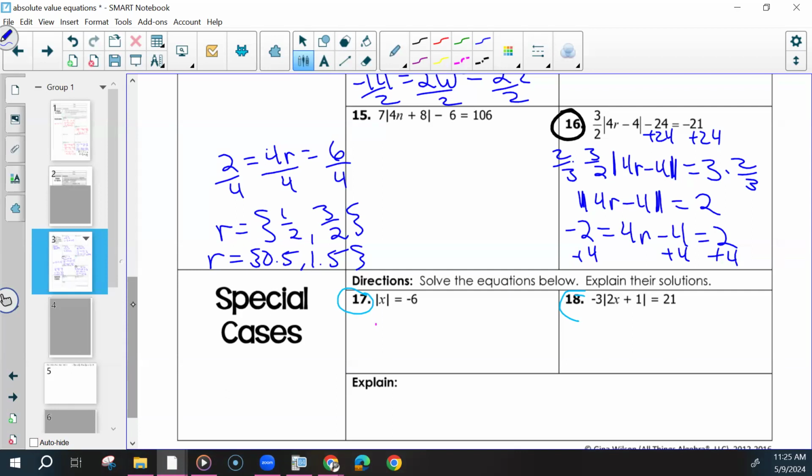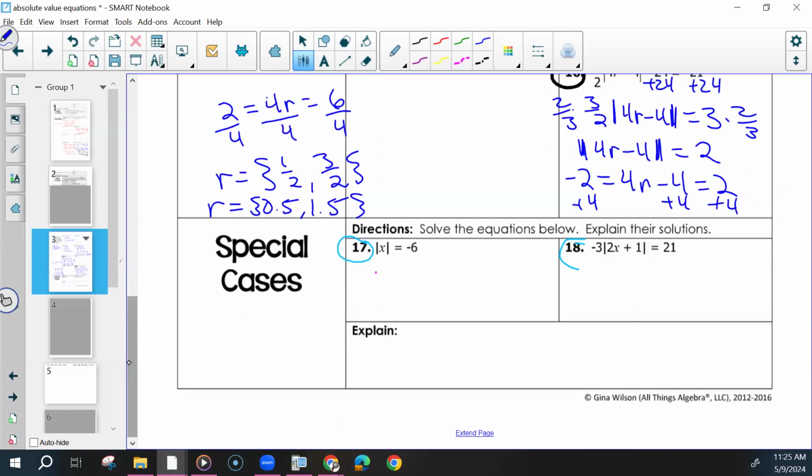Okay. For 17 and 18, if you isolate the absolute value and you end up with a negative number, it cannot be solved. This would be no solution. So if you go back and look at all the problems we just did, every time we isolated it, it never equaled a negative number.